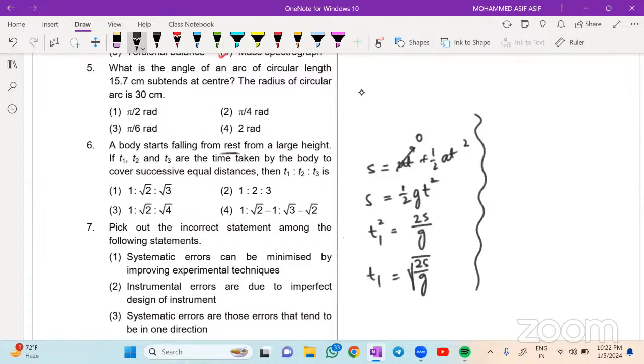The same way for T2. The distance traveled will be S plus S for successive equal distances, that is 2S, equal to half g into T2 square. Done?